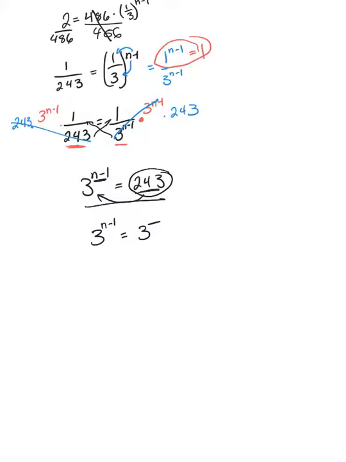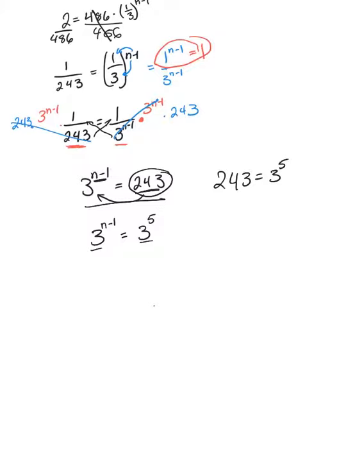Okay, so what we should have gotten, I'm just going to erase this so that line doesn't confuse us. So what you should have gotten is that 243 is the same thing as 3 to the power of 5. So I'm just going to rewrite this as 3 to the power of 5. Well, now that we have the same bases, 3 to the n minus 1 is equal to 3 to the 5.